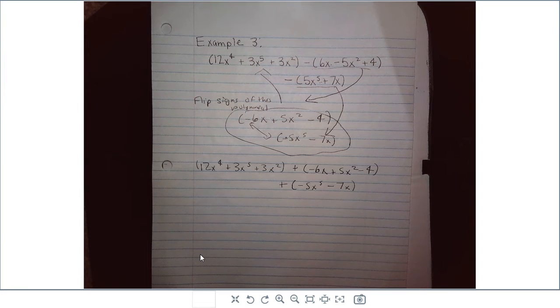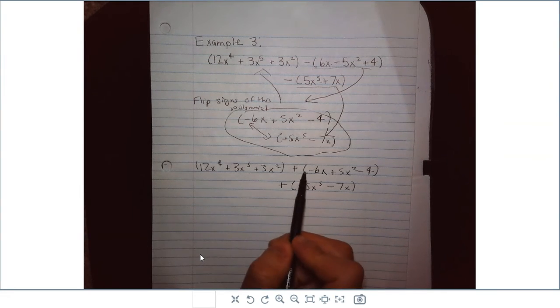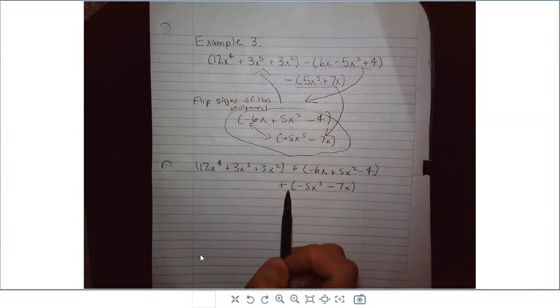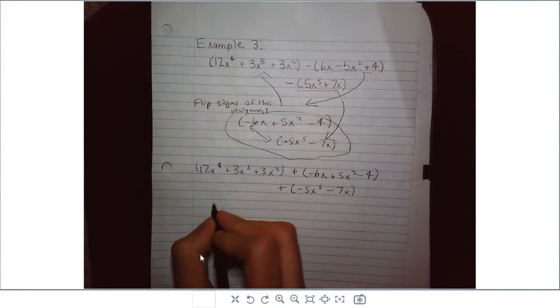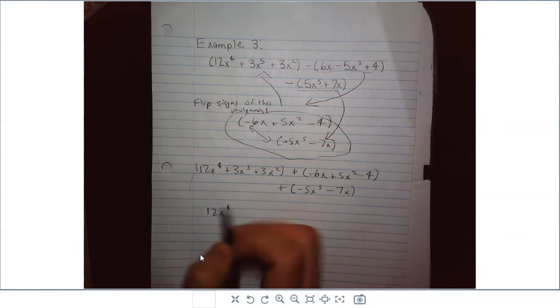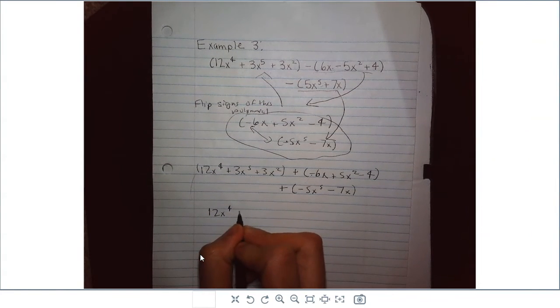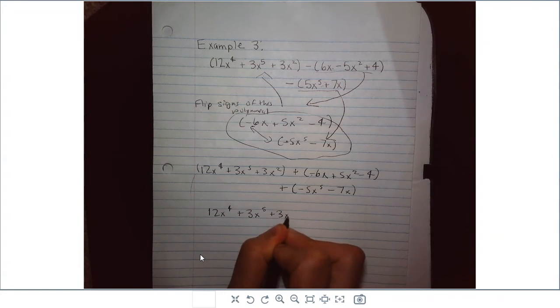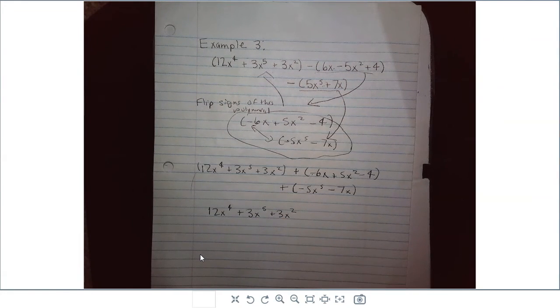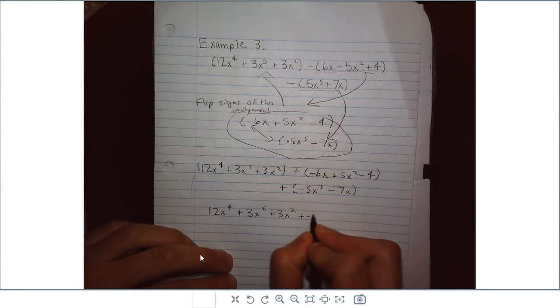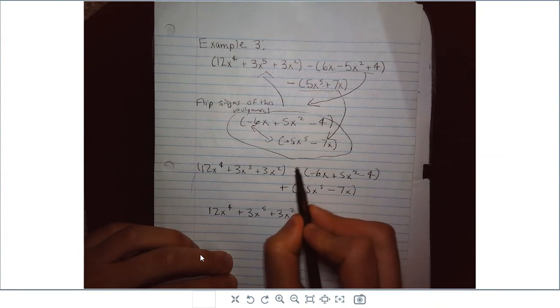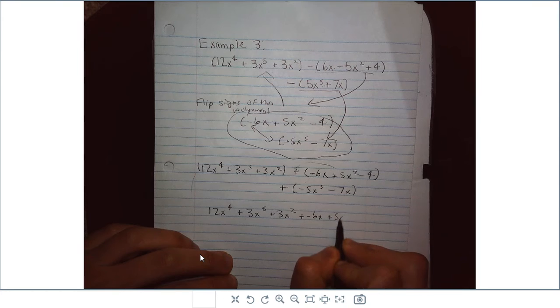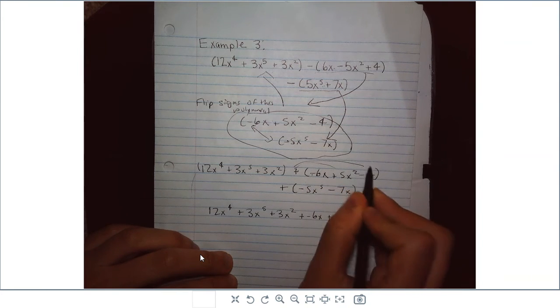Now we can drop the brackets, keeping in mind that when we're adding a negative number, like I said, we're simply subtracting that number. I'll show you what I mean. So we got 12x to the power of 4, just rewriting the first one with the brackets dropped, plus 3x to the power of 5, plus 3x squared, plus negative 6x, plus 5x squared, plus negative 4.